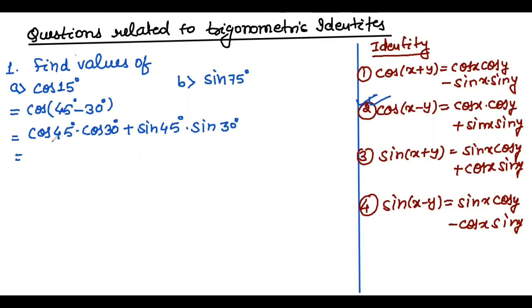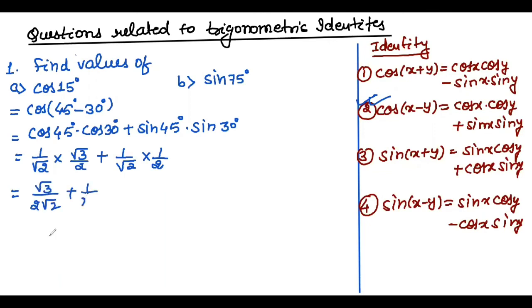Cos 45 degree is 1 by root 2, then cos 30 is root 3 by 2, then cos 45 again 1 by root 2, and sin 30 is 1 by 2. Calculating, this value is root 3 by 2 root 2 plus 1 by 2 root 2. Finally we can write it as (root 3 plus 1) by 2 root 2. So this is the way to use the identity.